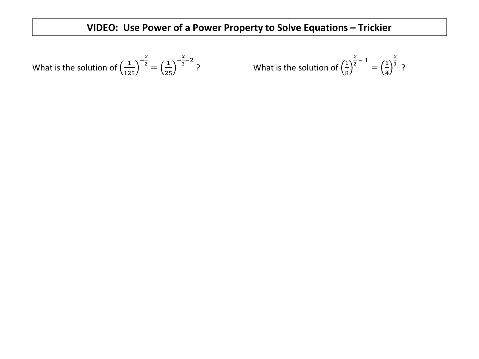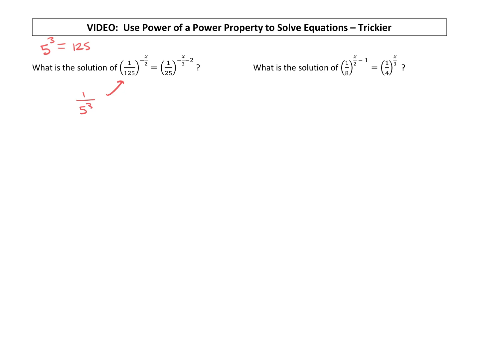Okay, so let's look at this first equation and focus on this 1 over 125. So 125 is the same thing as 5 to the third power. That is 125. So that's 1 over 5 to the third power.